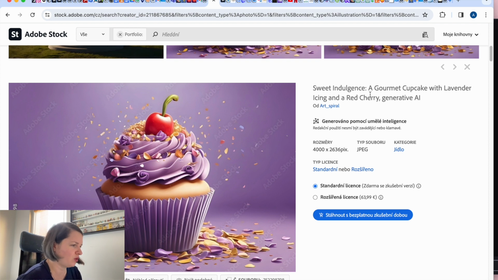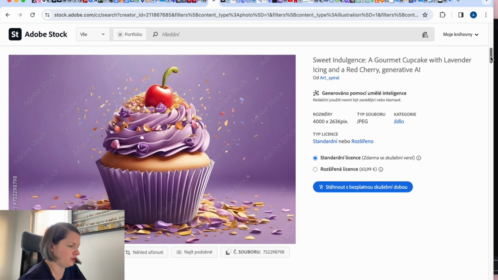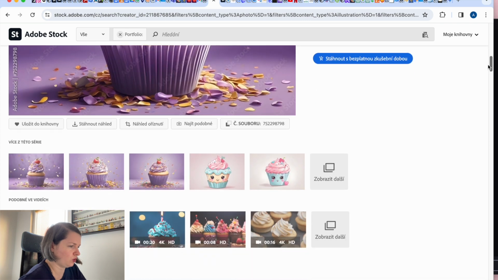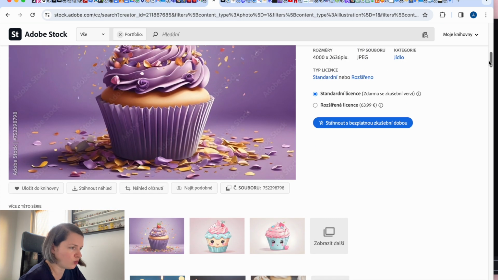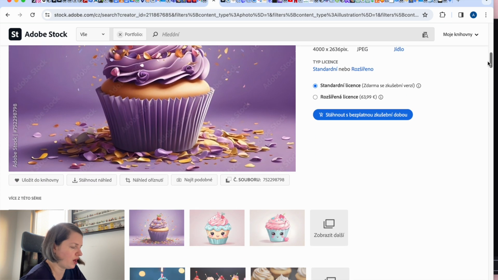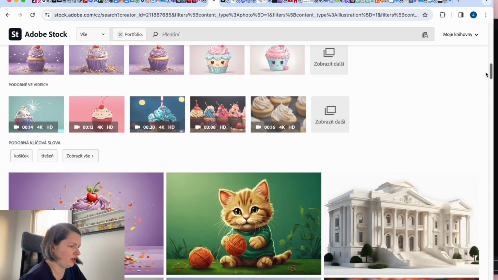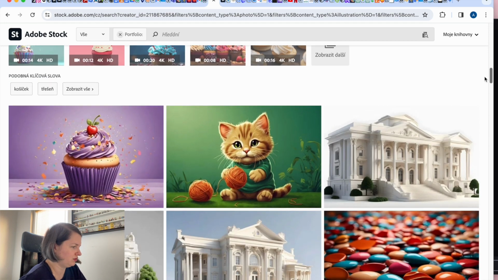That would be more helpful for you than those AI generated descriptions for your images. I cannot judge your keywords because it doesn't show the keywords on Adobe, but just trust me.